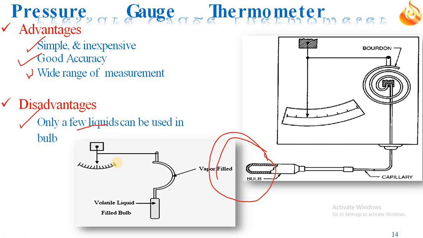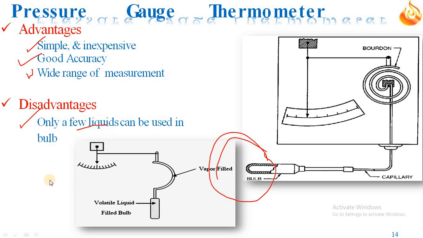As we discussed in the previous slide, the working principle of this instrument is based on the expansion of fluid. The amount of expansion of this fluid depends on the temperature of the environment whose temperature is to be detected.